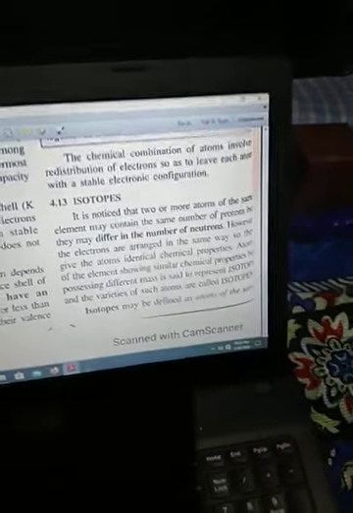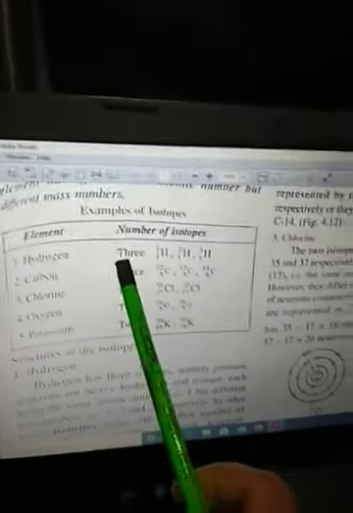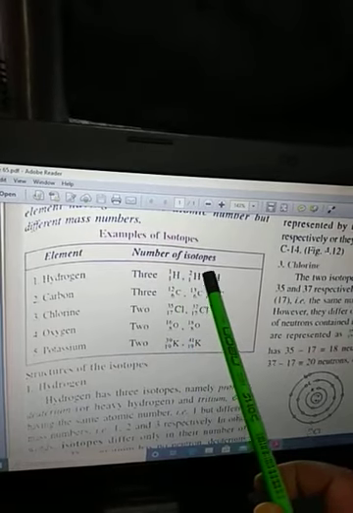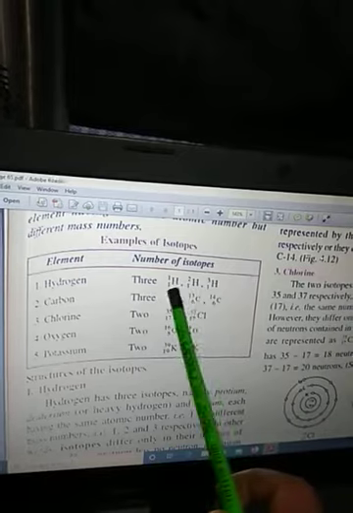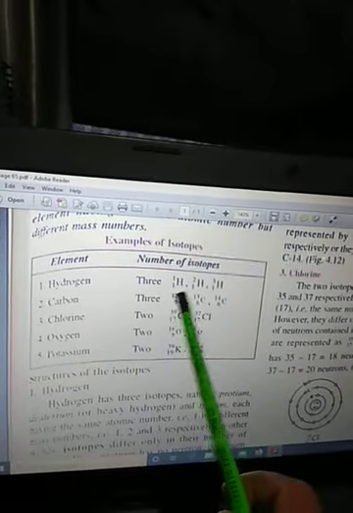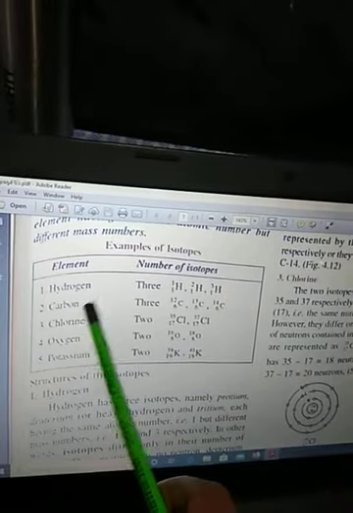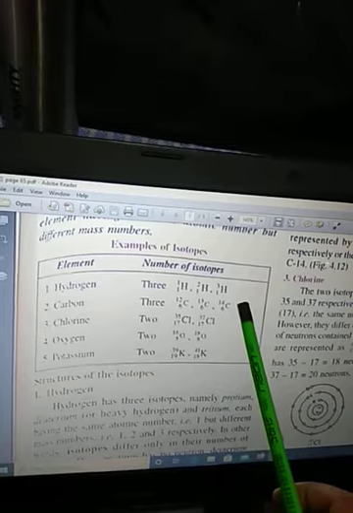For example, hydrogen has three isotopes, H-1, H-2, H-3. If you see, the element is the same, the atomic number is the same, only the mass number is different: 1, 2, 3. Similarly, carbon also has three isotopes, C-12, C-13 and C-14.